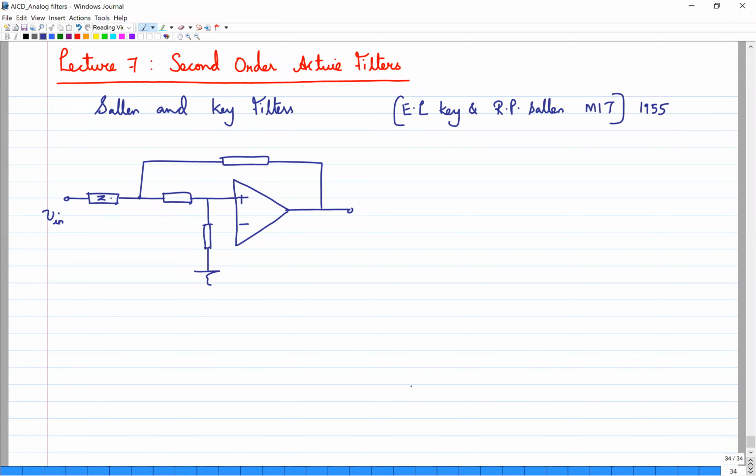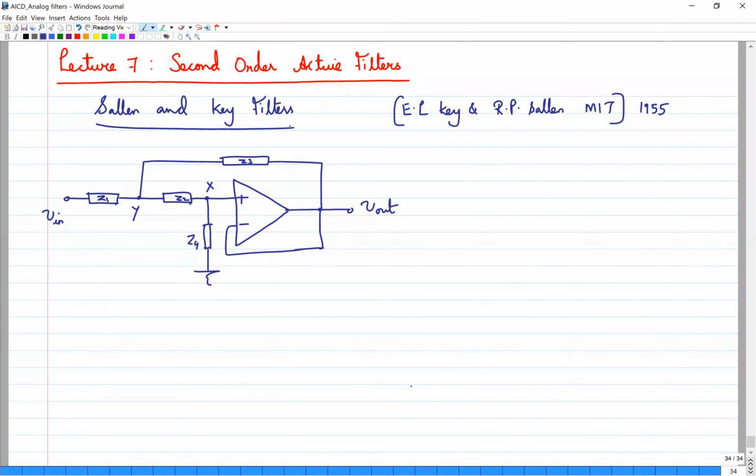This is impedance Z1, this is Z2, and Z3 and Z4. I'll mark this point as X and this point as Y. For the time being, I'll configure this as a unity gain follower, and this is the output. This is the general structure of a second order Sallen and Key based filter.